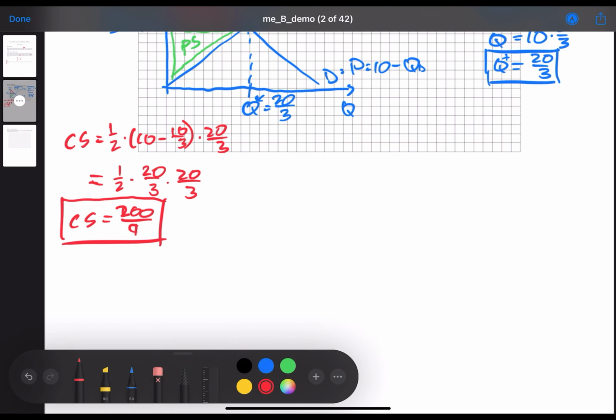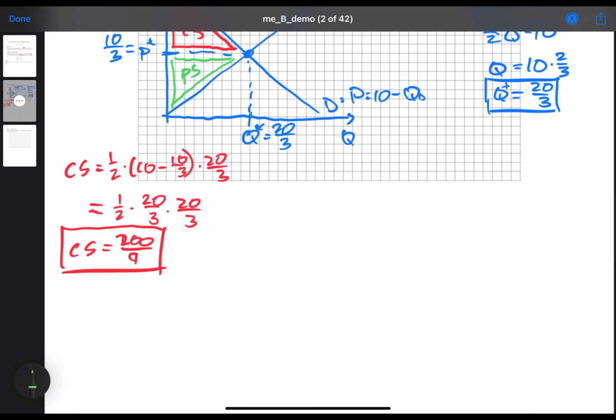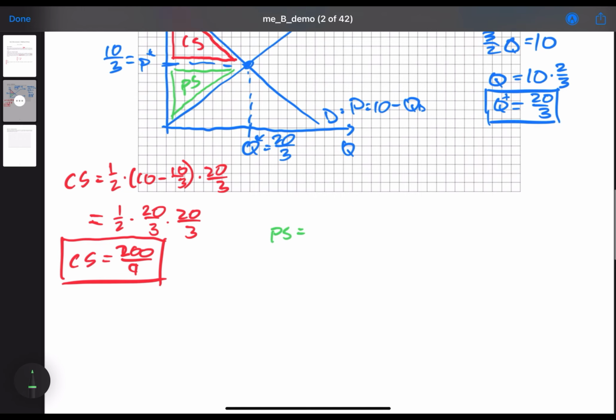And then producer surplus is a similar procedure. So we have 1/2, because it's the area of a triangle, times height, which is 10 over 3, times base, which is 20 over 3.